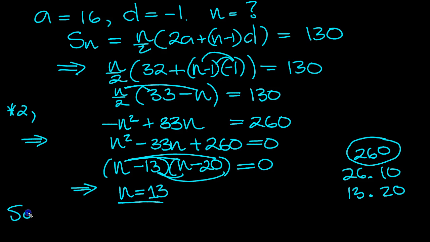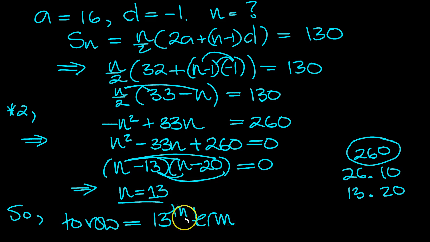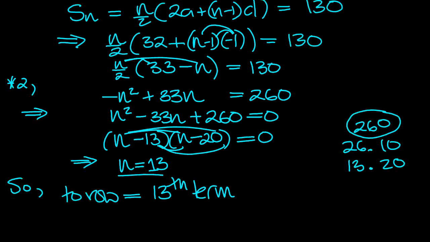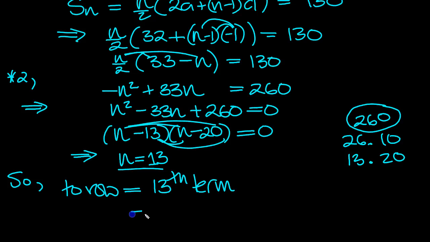So top row equals, now when you go up equals the 13th term, doesn't it? Because there's 13 rows and each row corresponds to its corresponding term, so 13th term, which is a plus 12d, isn't it, according to the rules for arithmetic progressions.